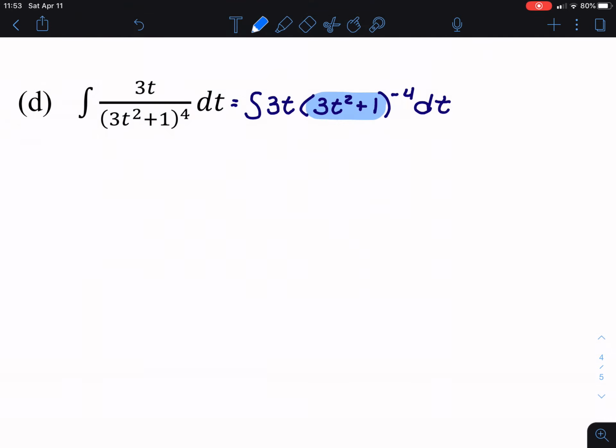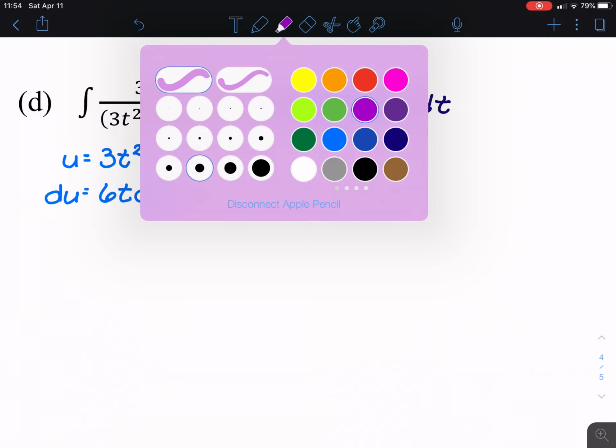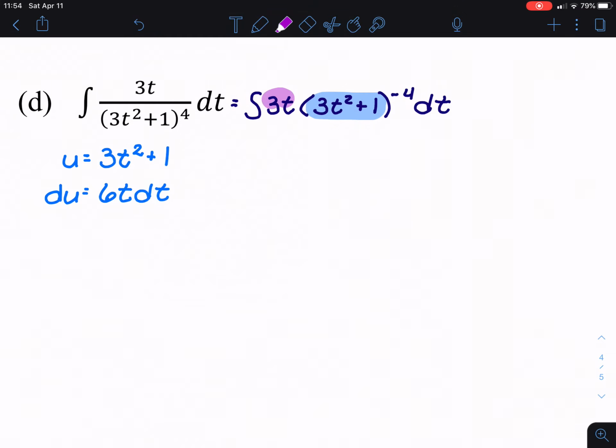So that's what I'm going to set u equal to, 3t squared plus 1. When I do my differential du, I take the derivative of this function. So 2 times 3 is 6t, plus the derivative of 1, which is 0. And so I have 6t dt. Now in my integral, I have 3t dt here, not 6t.